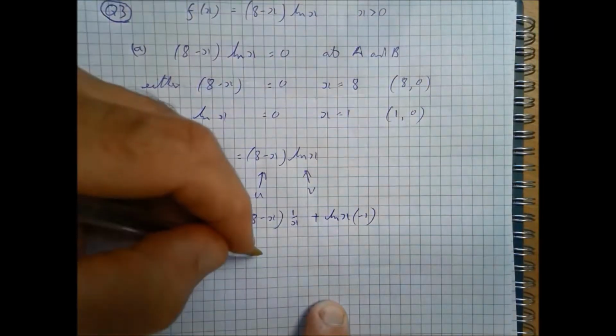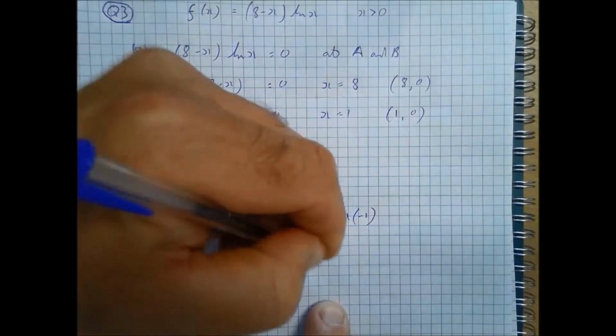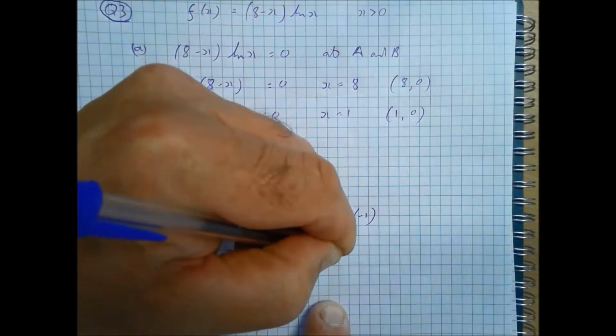So I can tidy that up: 8 minus x, 1 over x, minus ln x.